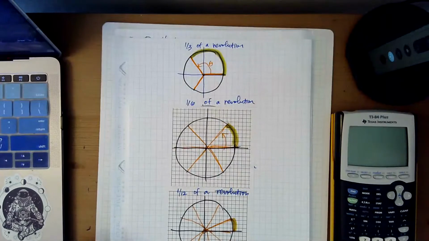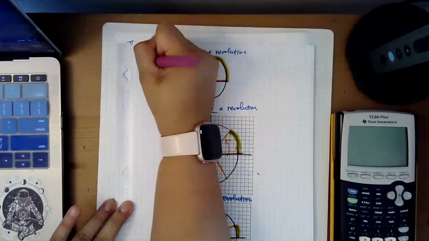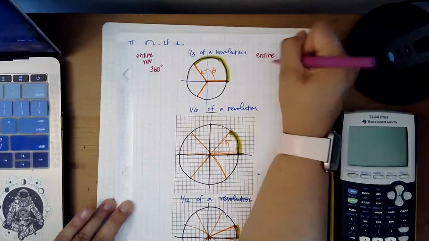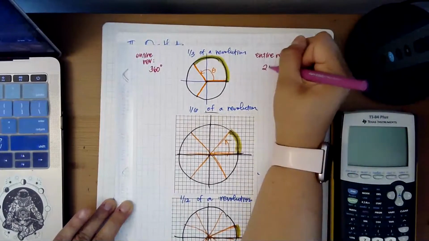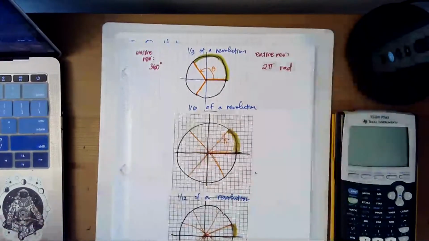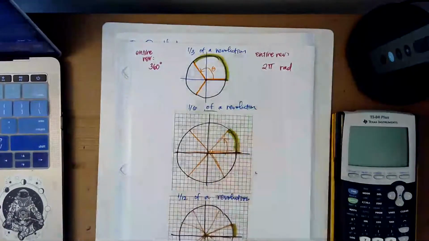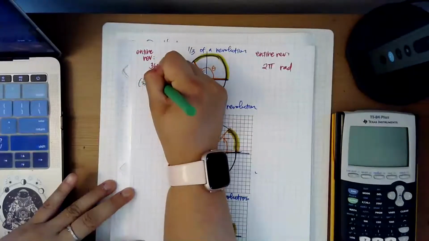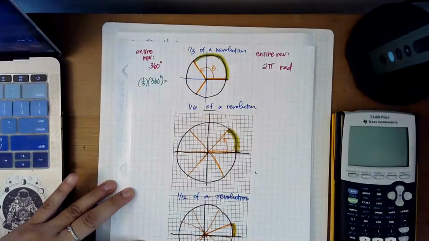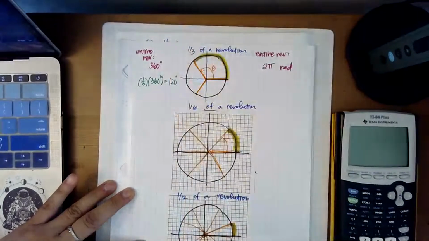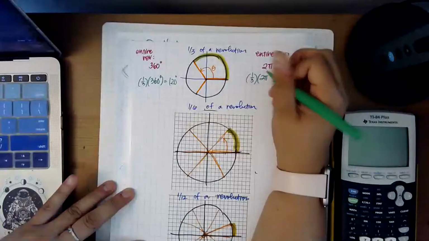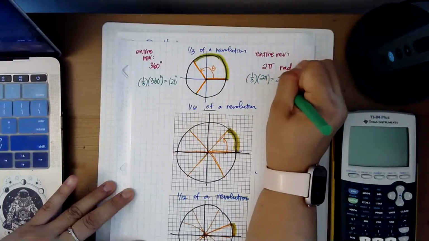So let's recall that an entire revolution was 360 degrees, and an entire revolution is 2 pi radians. So now I know that a third of a revolution is going to give me 120 degrees, and a third of 2 pi radians is going to give me 2 pi over 3 rad.